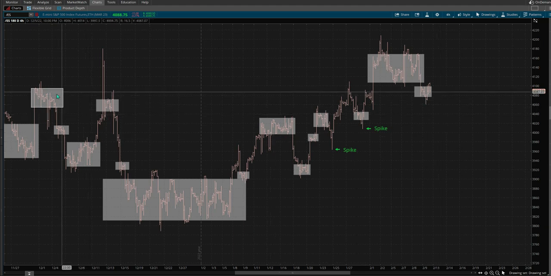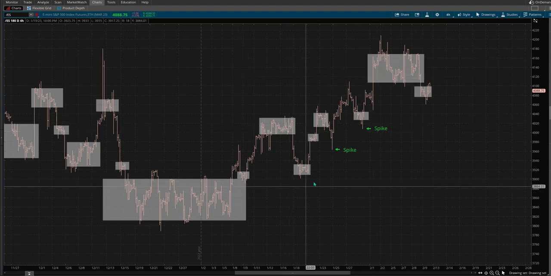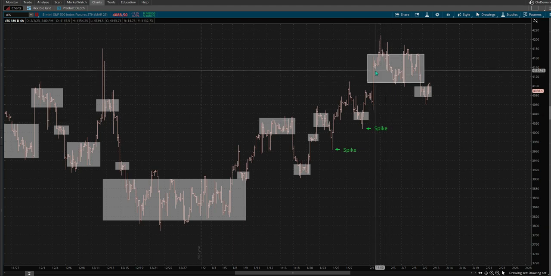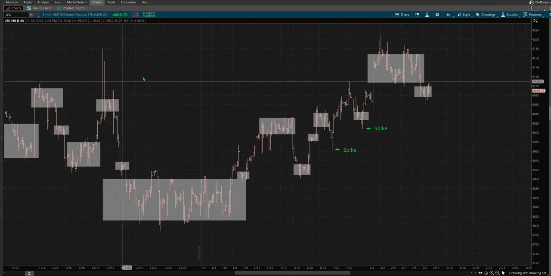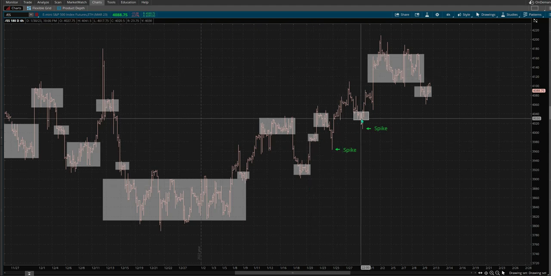So just to give you an idea of what resistance and support lines look like on this time frame, like I said, there's different time frames. There's intraday, which is what the day traders use, and this is more of a swing trader's chart.